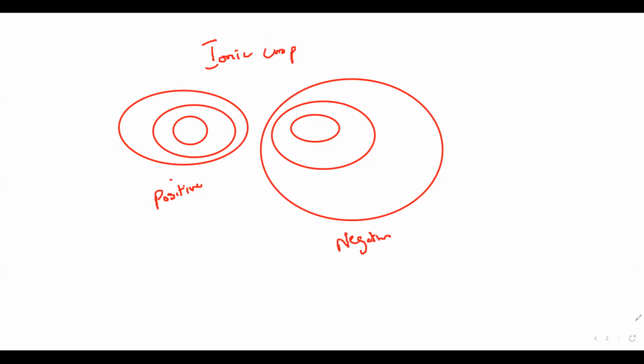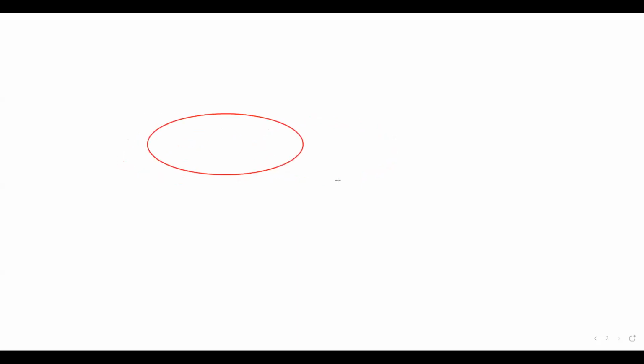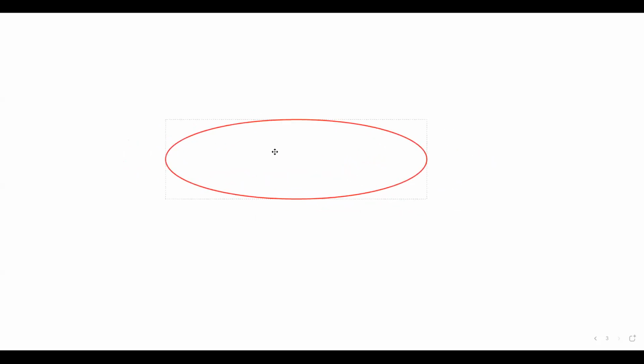But what about the covalent substances? What does the electron density map of a covalent substance look like? It shows that the maximum probability, or chance, of finding an electron is between the two nuclei.